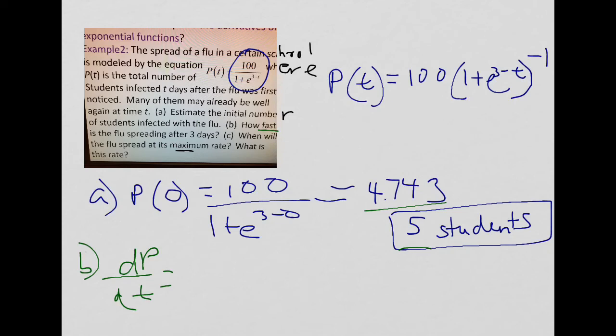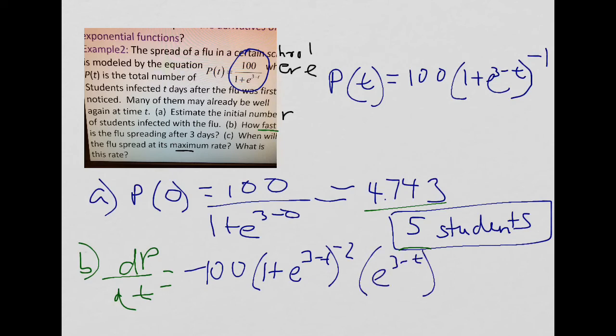So I get negative 100 times the quantity 1 plus e to the 3 minus t power, to a negative 2 power. Then I multiply the inside, which has an exponent, so there's another inside of negative 1. So it's 2 times the chain rule.